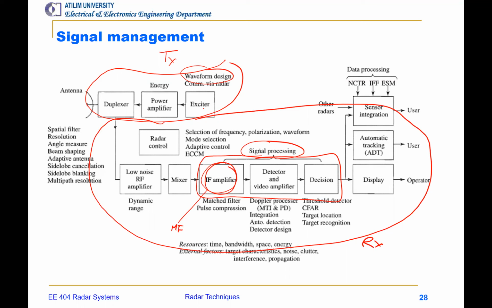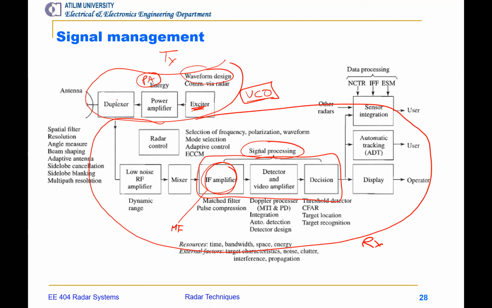And we have an exciter, simply a waveform. In our laboratory activities, you can remember a voltage controlled oscillator, for example. And then we got a power amplifier here from the modular radar that we have built up in the laboratory.